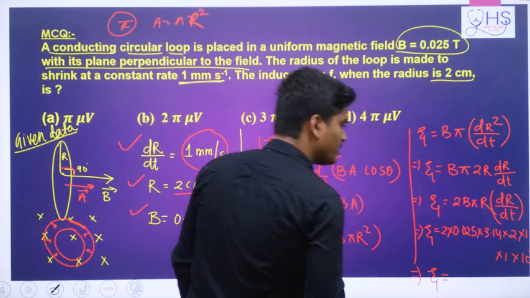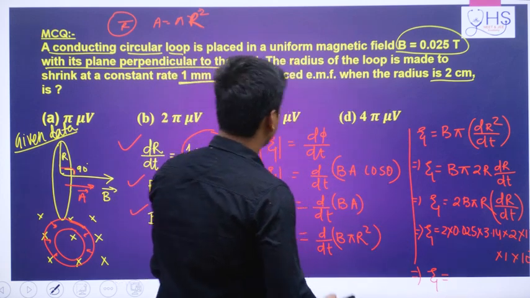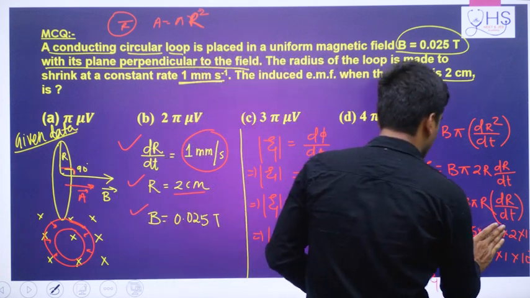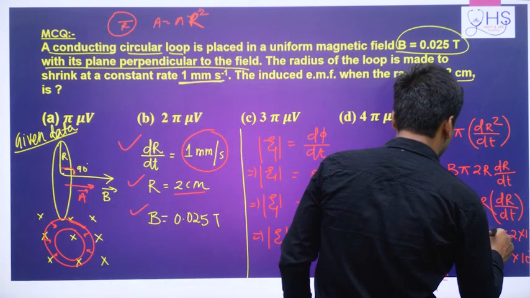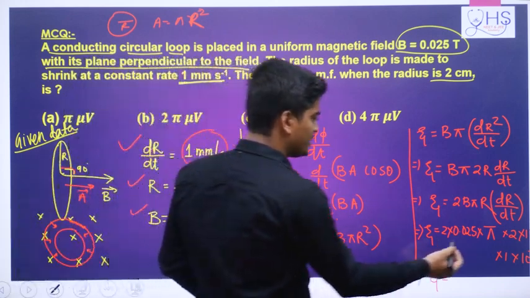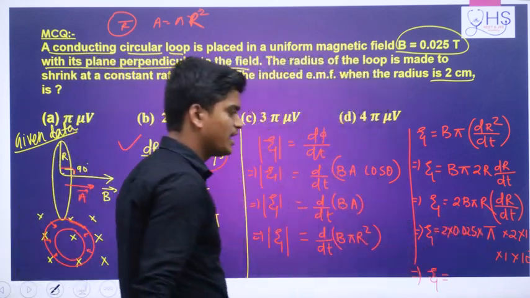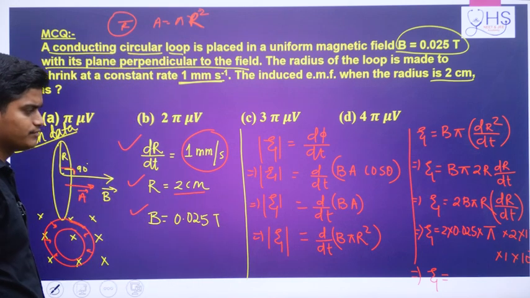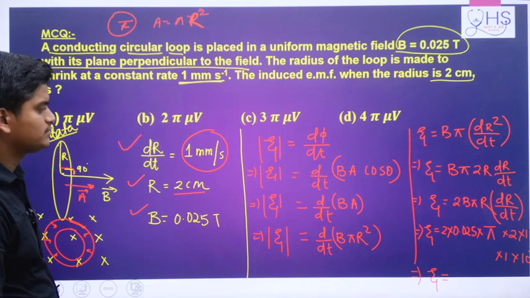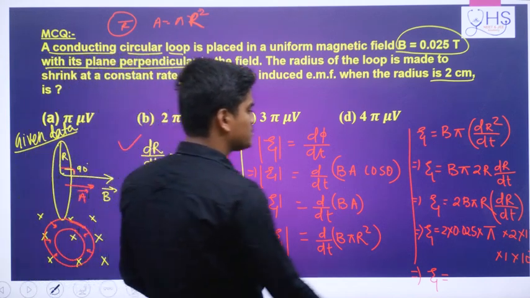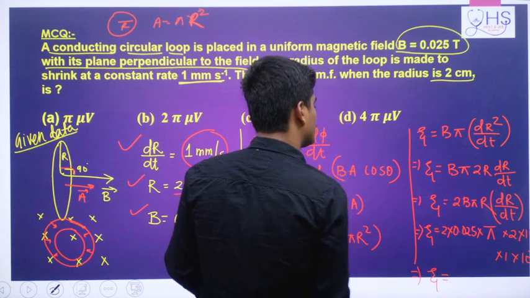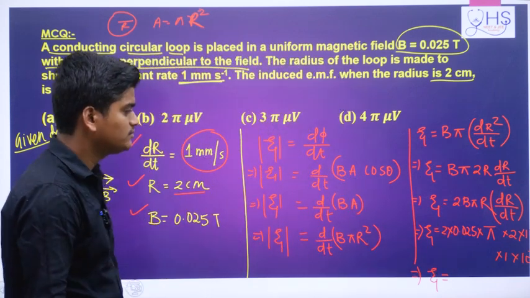Now, the 3.14 value they did not apply here, so let me keep pi as pi, so that I get the answer in terms of pi. Now multiply 2 into 2 and 0.25 into 4, so it will come 1 by 10. Yes, 2 into 2 is 4, and 0.025 is 25 by 1000, so 100 by 1000 is 1 by 10.